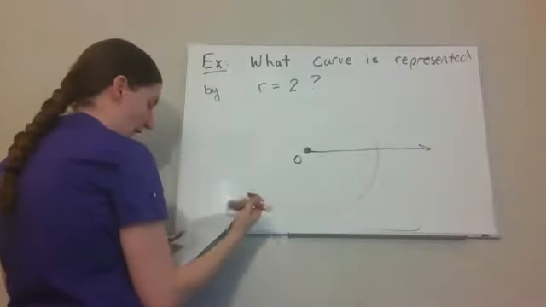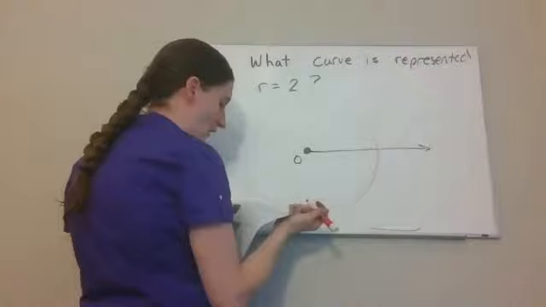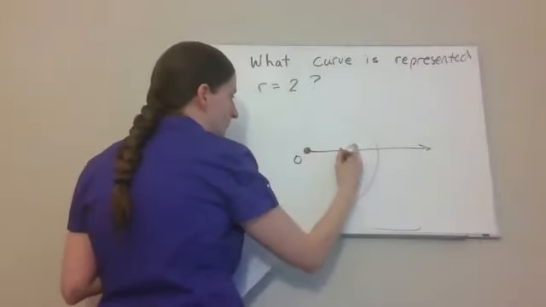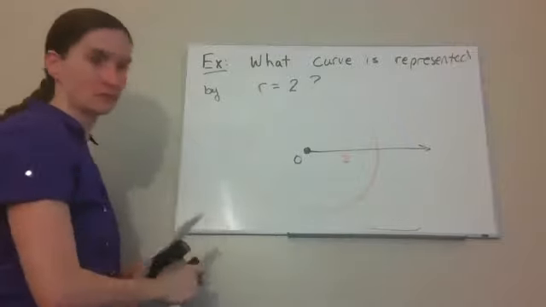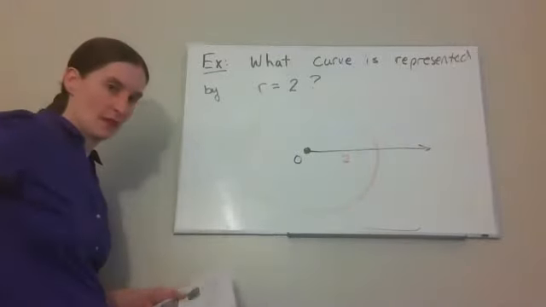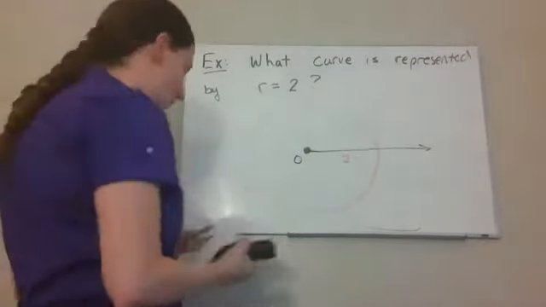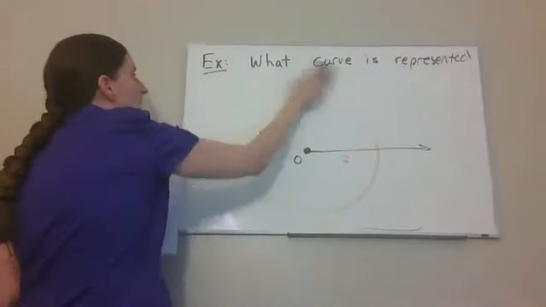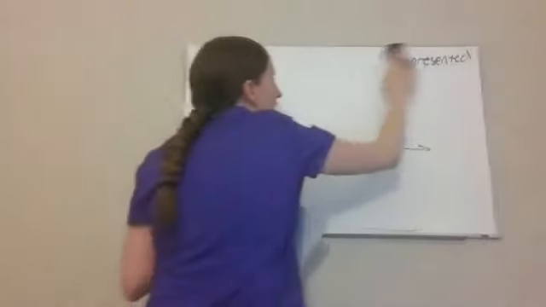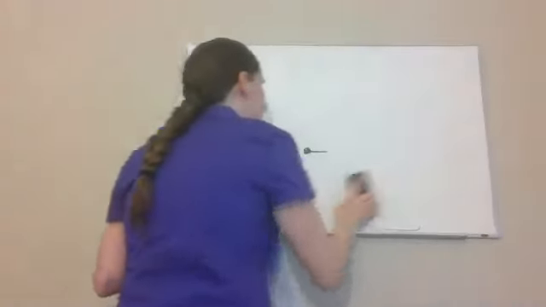A circle that has a radius of 2, centered right at my pole. All right, so that one wasn't too bad. We need to do something more interesting though.